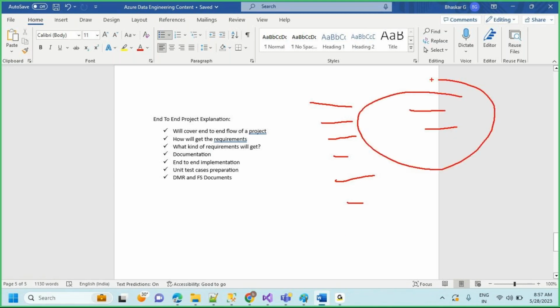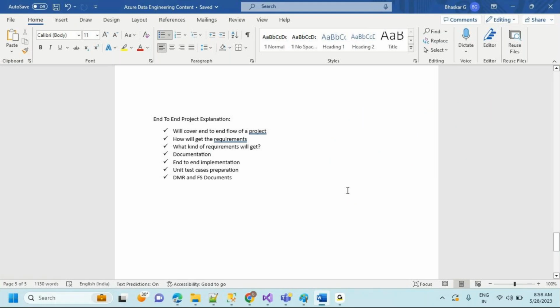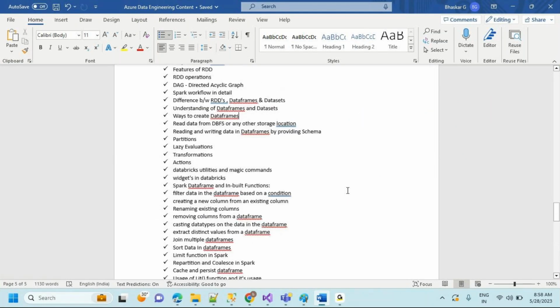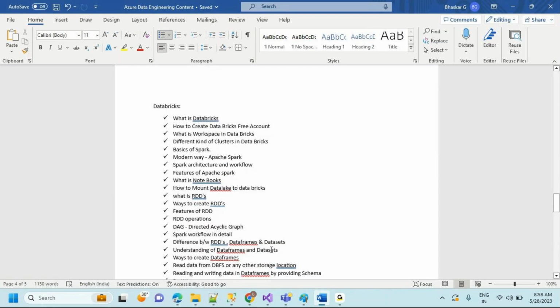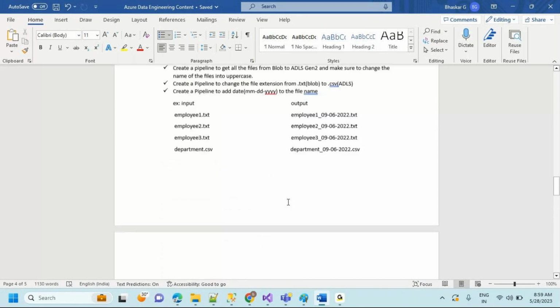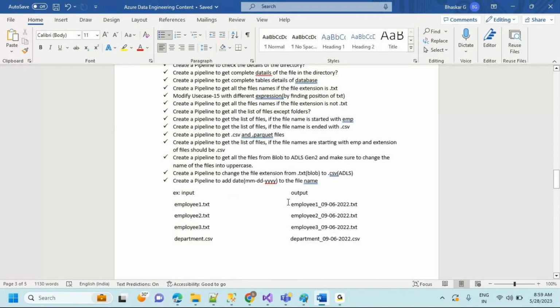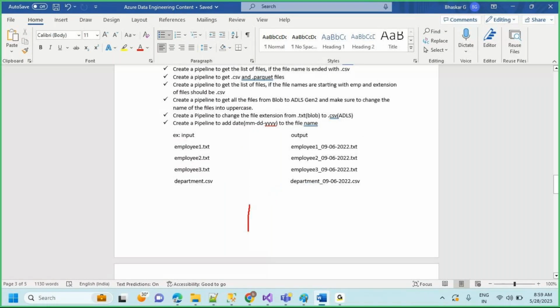I'm going to take you through how we can create RDDs and data frames to transform the data as per the business requirement, and how we can read the data from ADLS to Databricks.